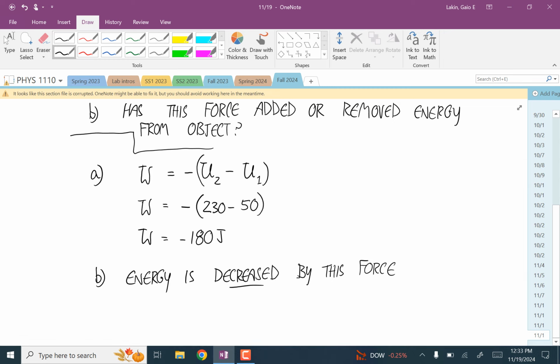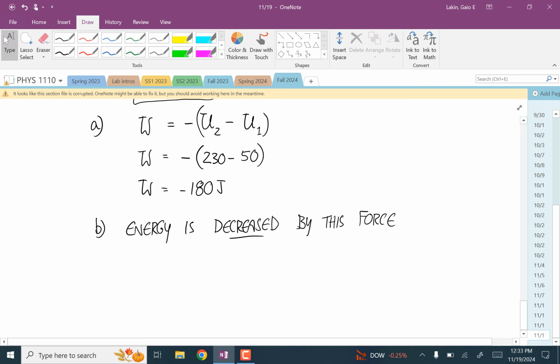Okay. Well, we only have two of these conservative forces that we're going to deal with, the weight and spring forces. So I just have to give you the potential energy functions for those two.